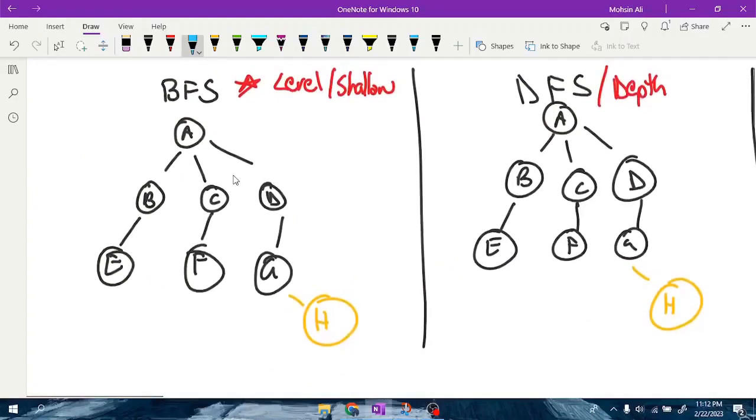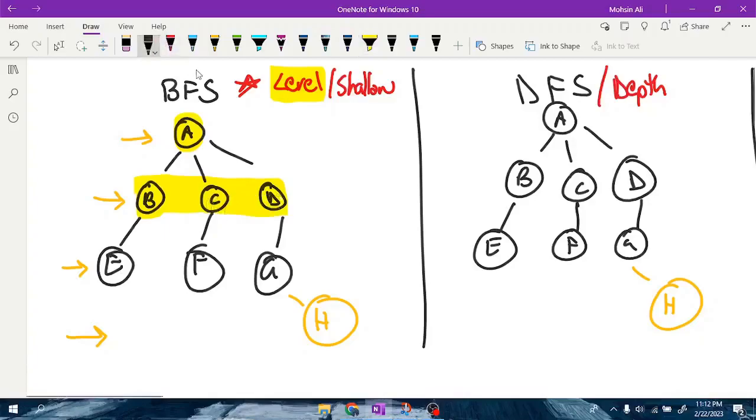Now, the first thing that happens in BFS is that it is generally also known as a level-wise search. Okay, so breadth first search is also a level-wise search. What I mean by that is if you're starting with node A, then you would go to the next level, let's say this is your first level, this is your second level, this is your third level, and this is your fourth level. You would traverse level-wise. So first you traverse A, then B, then C, and then D, right?